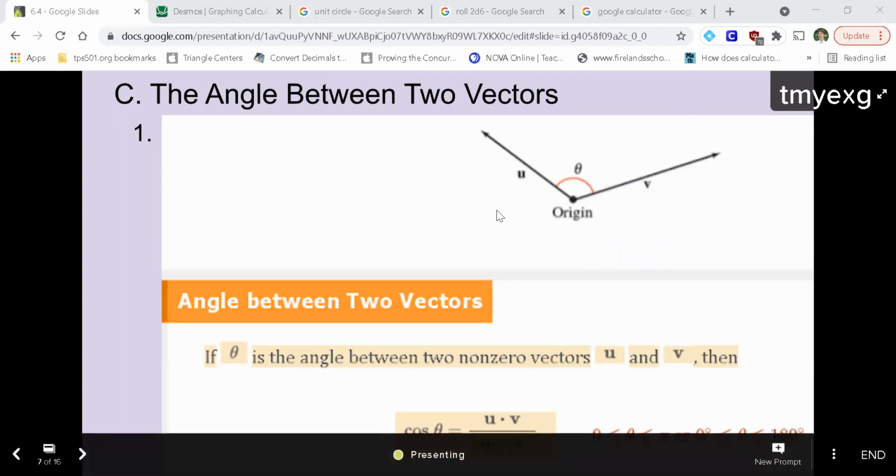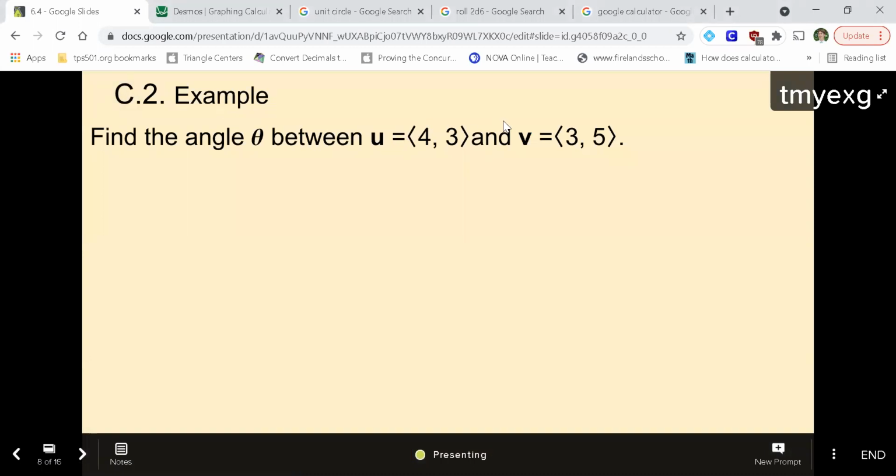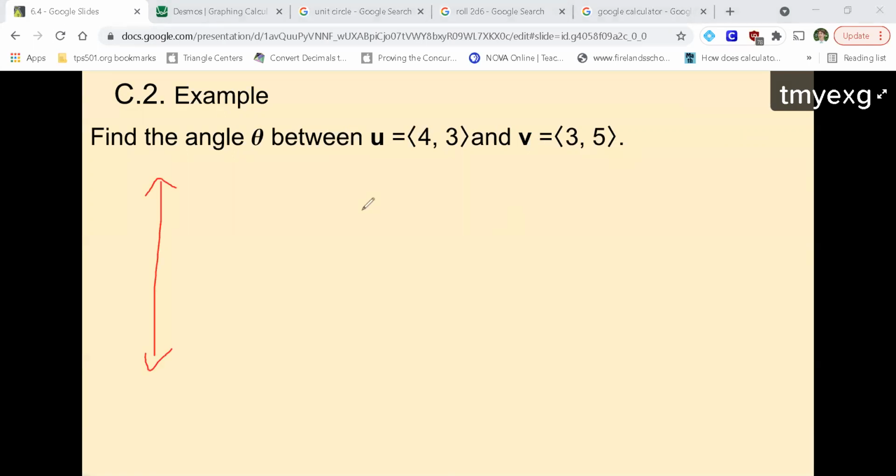So for example, let's say u is (4,3) and v is (3,5). We want to find the angle between them. Again, you don't need to draw a picture for this one, but it might help you to get context of what's happening in this problem. So this would be vector u. And this would be vector v.